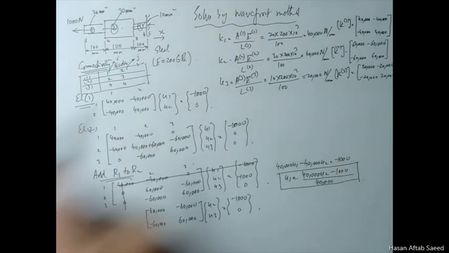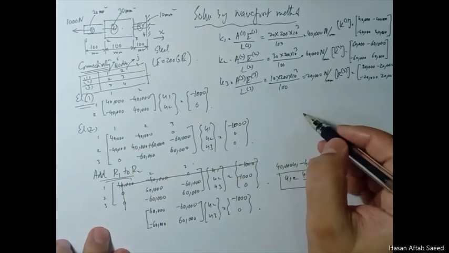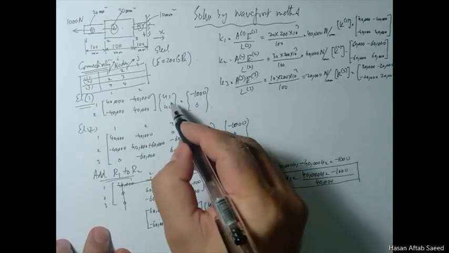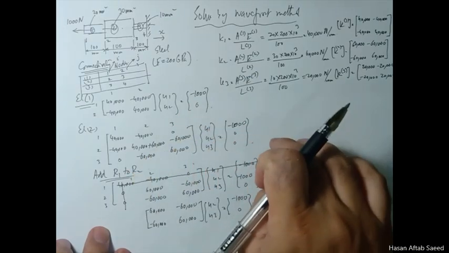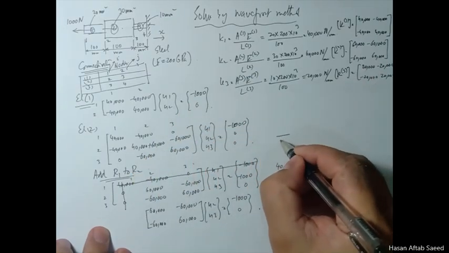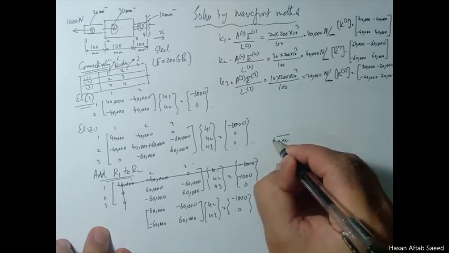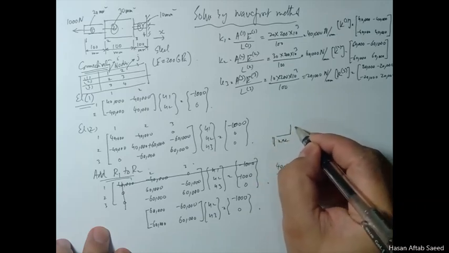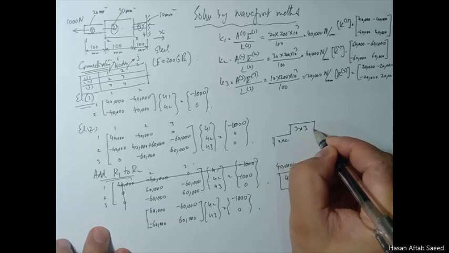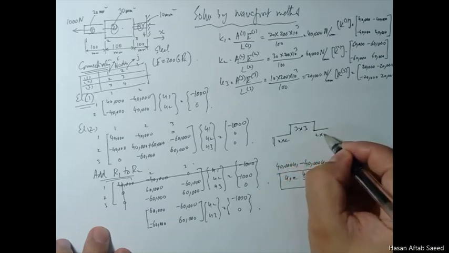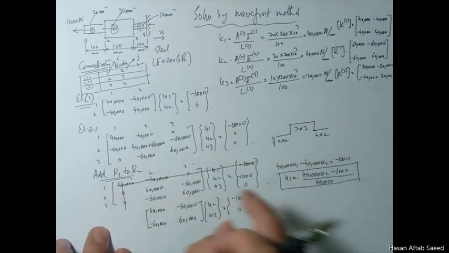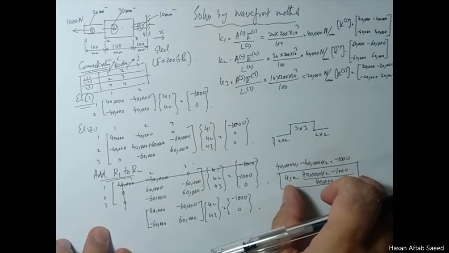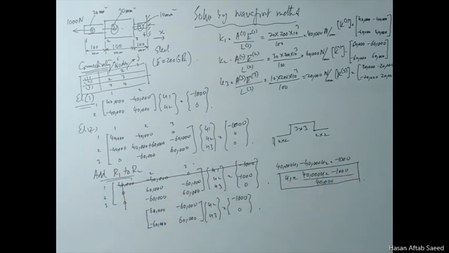So you have this 2 by 2, then it became 3 by 3, again 2 by 2. So it went up. You started from here 2 by 2, then 3 by 3, but then you come down again to 2 by 2 in this step, because this one has been eliminated and written for later use. Now let's move on.